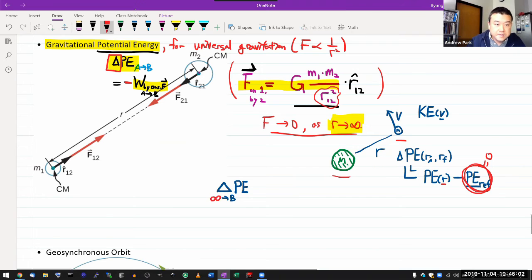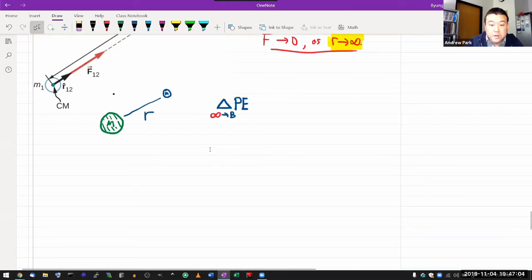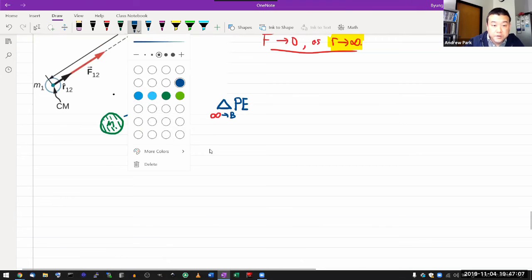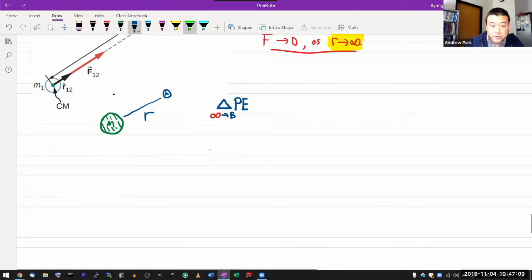To calculate this change in potential energy, we have to calculate the work done by gravity as the mass moves from infinity to a particular point, B. Once we calculate that, we can just put a minus sign in front of it. That is the definition of change in potential energy.